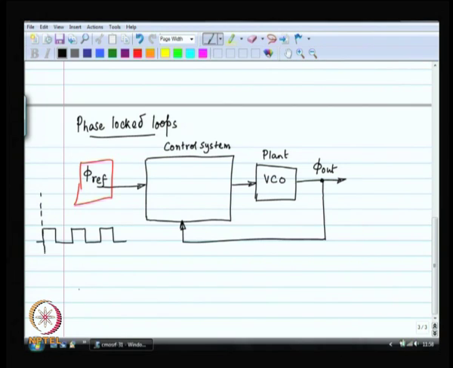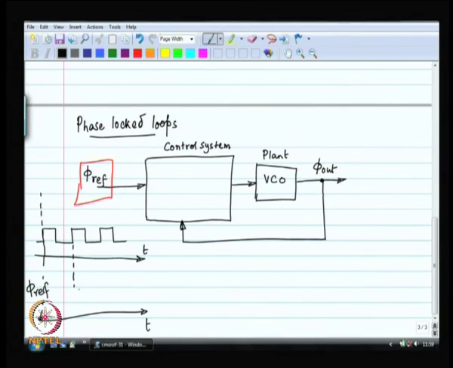So, let us assume that the phase at this point of time is equal to 0 degrees. Let us assume, we have to start from somewhere. So, let us say that at that point of time the phase is 0 degrees.